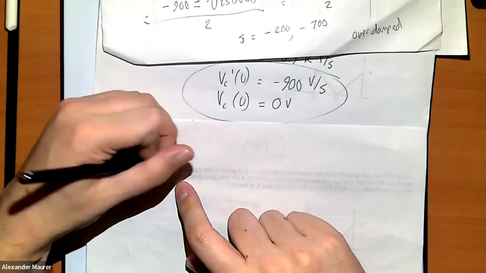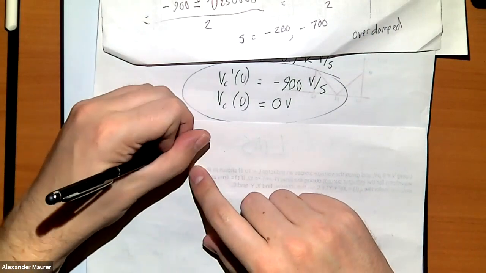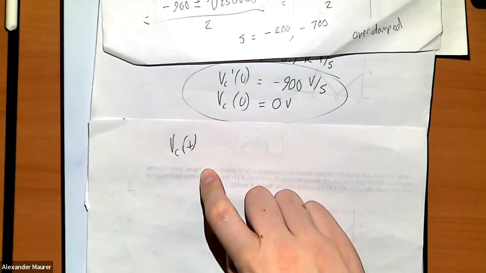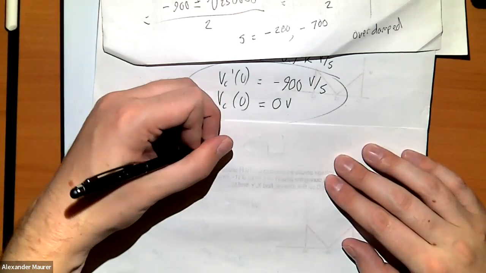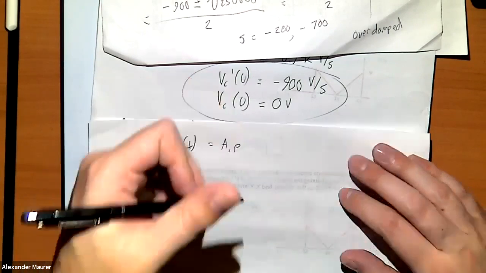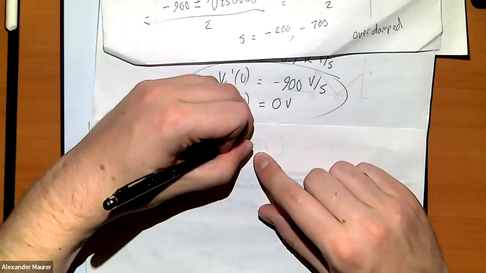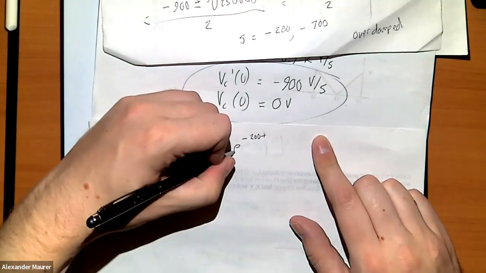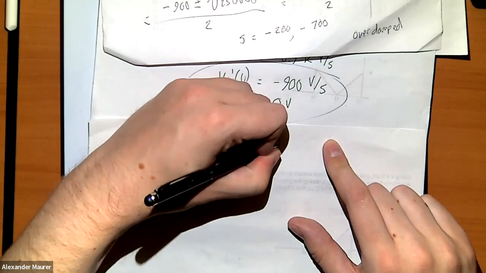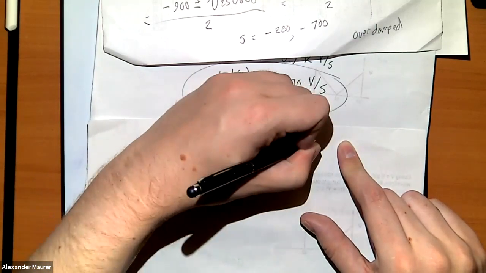So we know that the VC we were interested in as a function of t has the form a1 e to the minus 200 t plus a2 e to the minus 700 t.